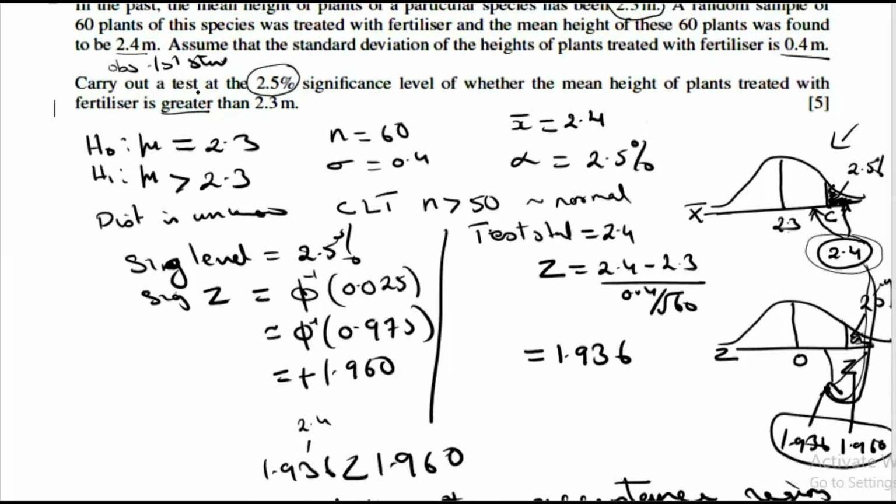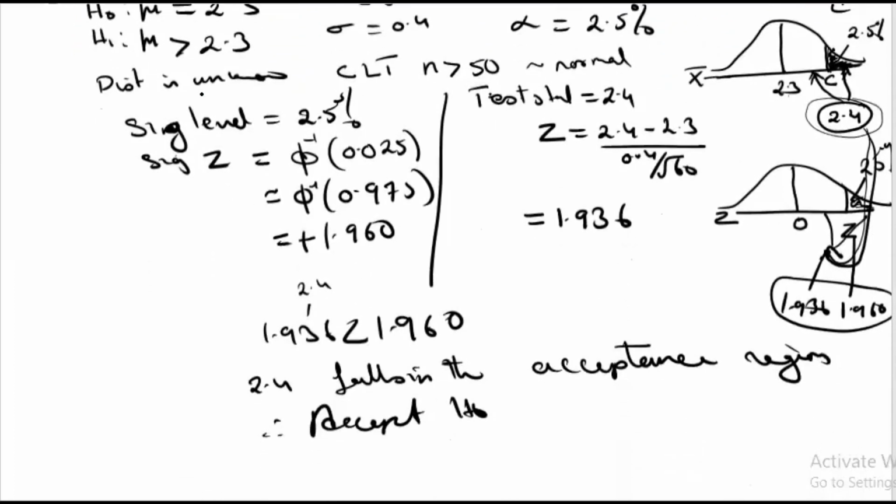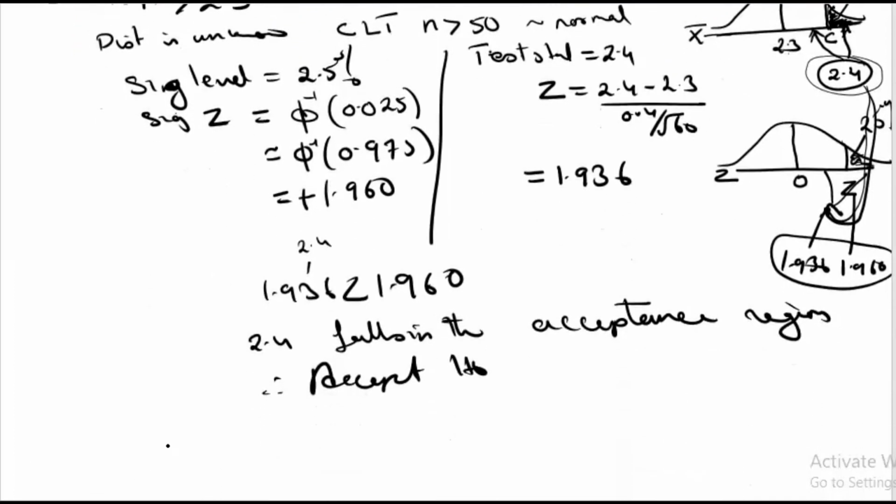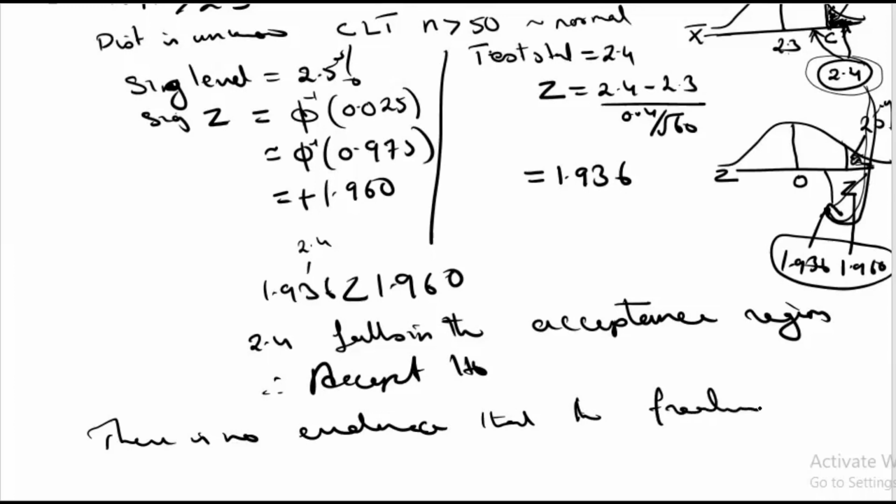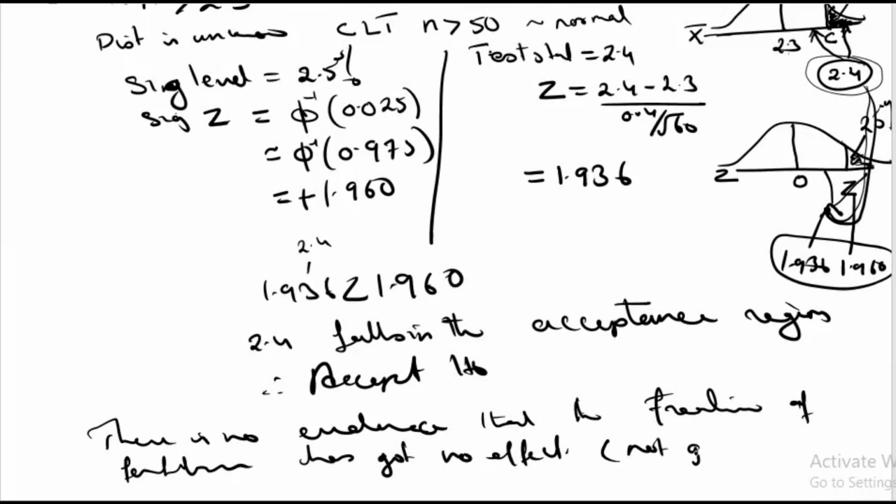So we have done the testing part, and we have seen that there is no evidence that the treatment of fertilizers has got no effect, or can say it's not greater than 2.3.